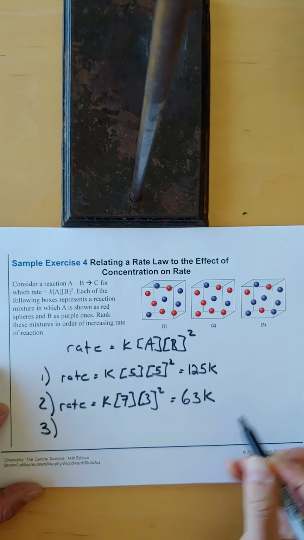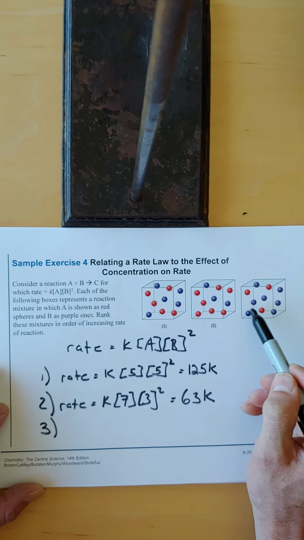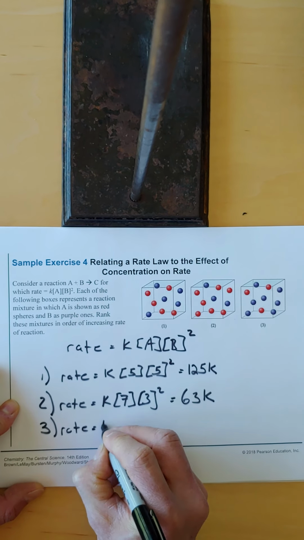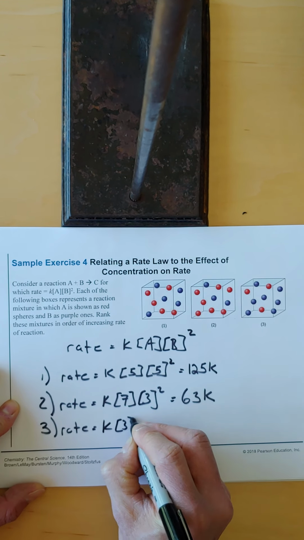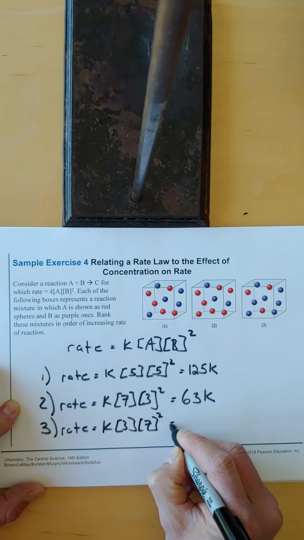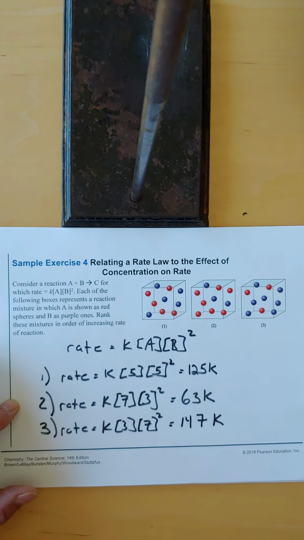And then my third box. In this third box, I've got 3 reds and I have 7 purples. So my rate is going to be equal to K times my 3 reds, my 7 purples, and my 7 purples are squared, so that gives me 147 times my rate constant.